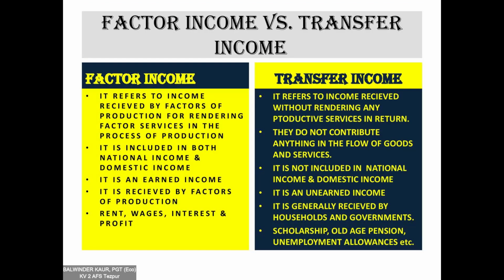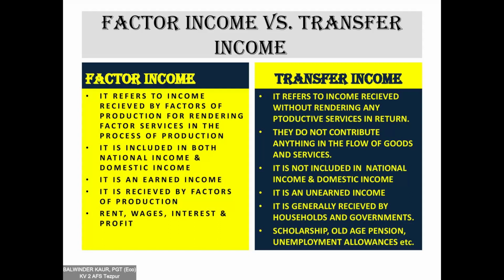Here we are going to study the difference between the factor income and transfer income. It is very important to understand the difference. Factor income refers to income received by the factors of production, whereas the transfer income is received by households or any common person.